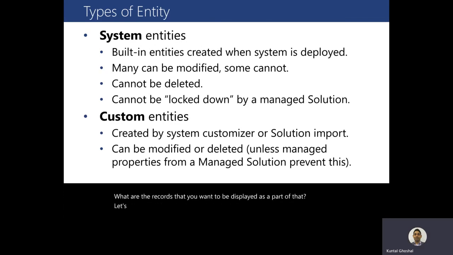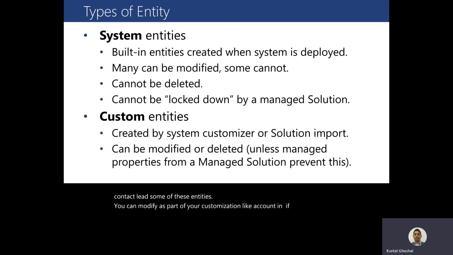Let's talk about types of entity. There are typically two types of entities. One is the system entity, which comes as a part of the platform when you configure it. These are built-in entities like account, contact, lead. Some of these entities you can modify as part of your customization, like the account entity.